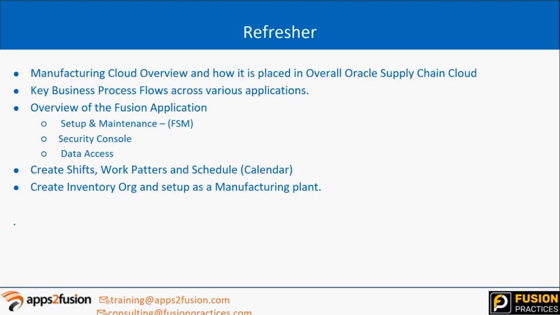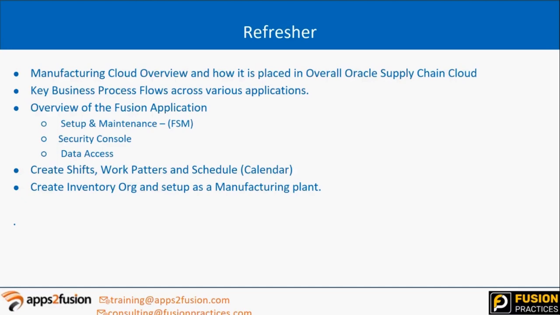We had an overview of the Fusion application, how it's designed. We saw the setup and maintenance, called Functional Setup Manager, FSM. We saw the security console, where you can give roles, and every time you give a role, you have to come and give the data access. So we saw how to give data access to every role that you've assigned.